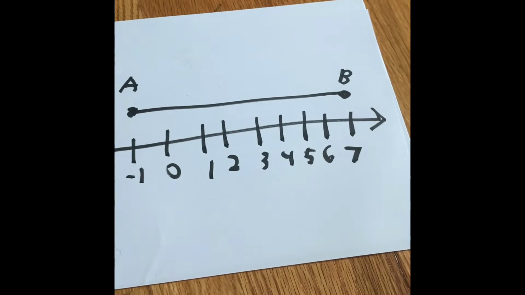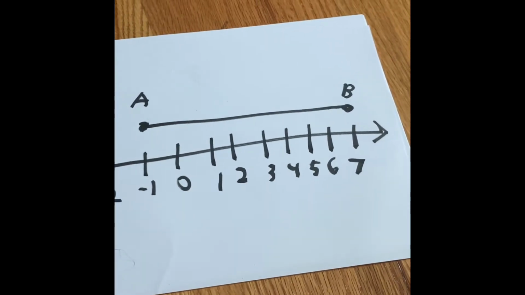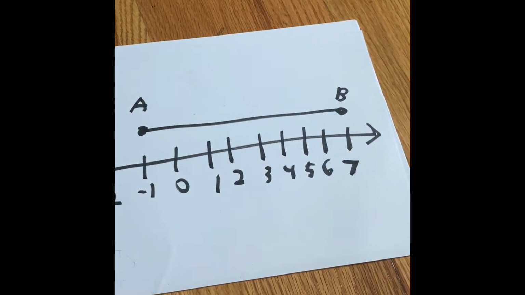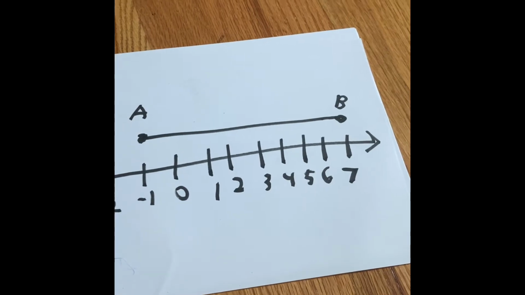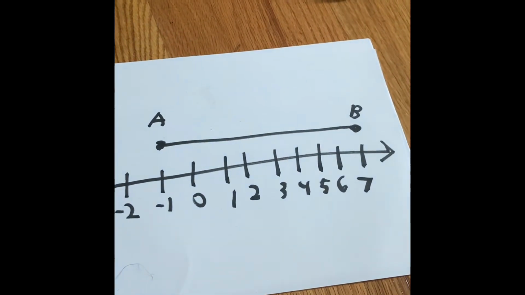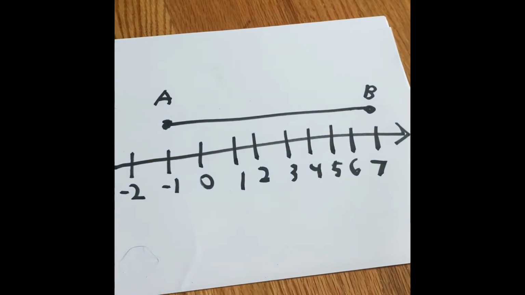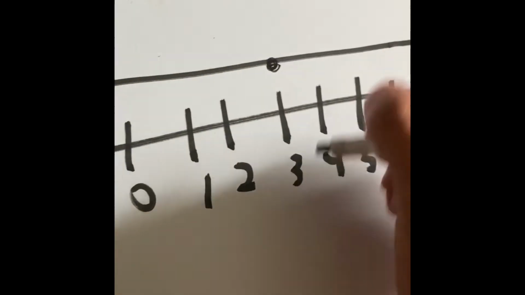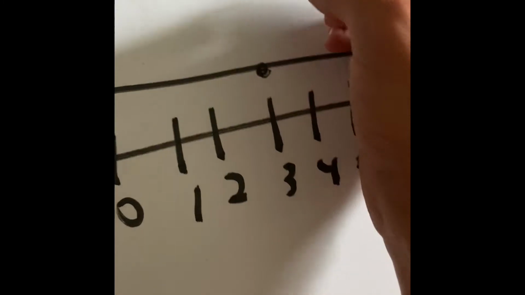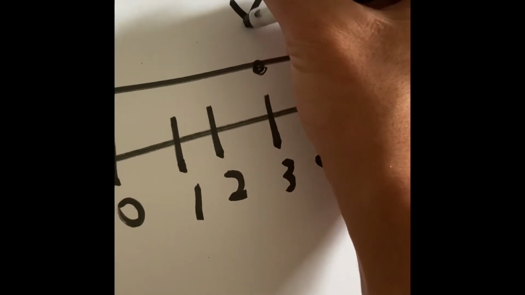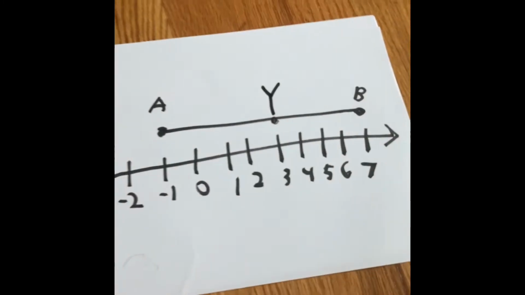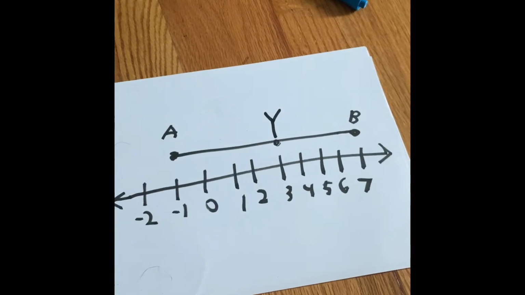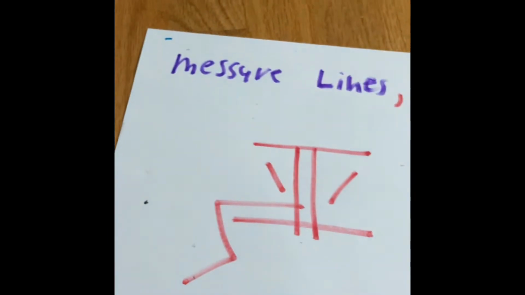But sometimes geometry will ask you what happens if there's a middle point and where would that middle point be? Well, the middle point would be right around here, near 3. We're gonna call that point Y. So there is one example where we have to measure a line.